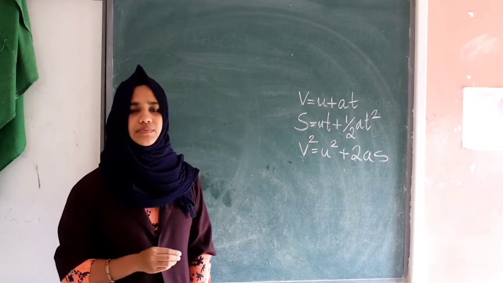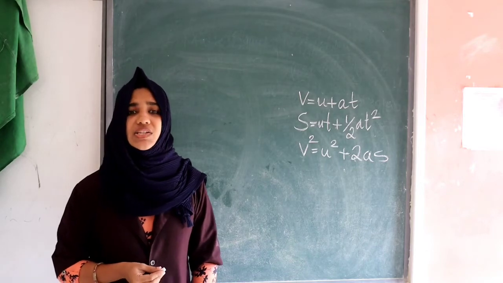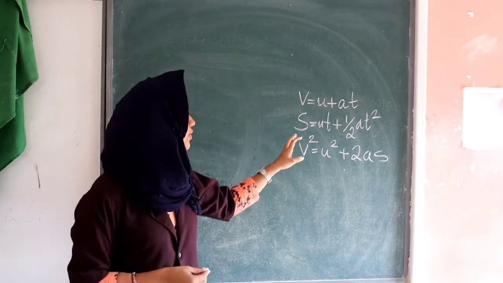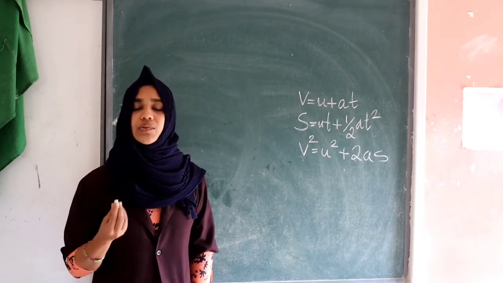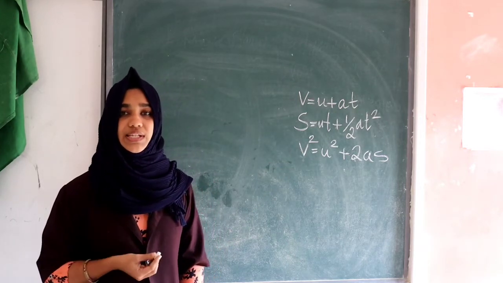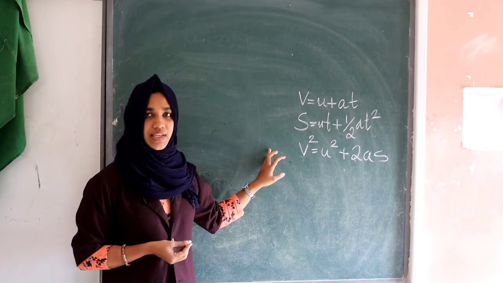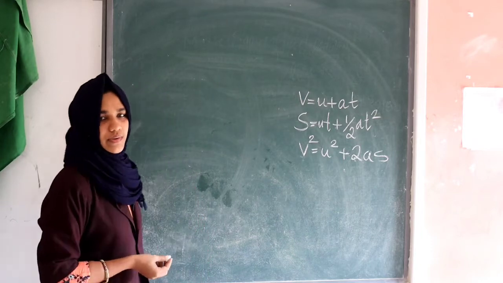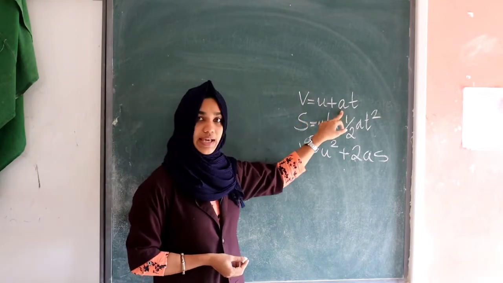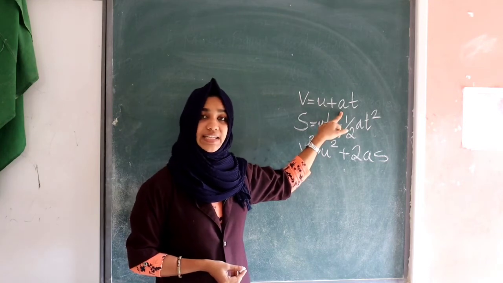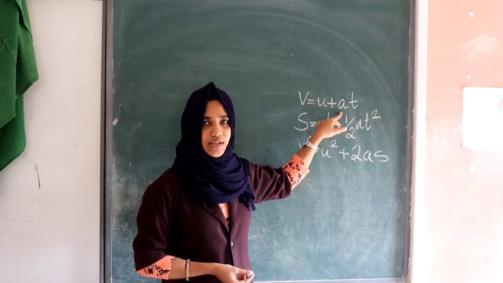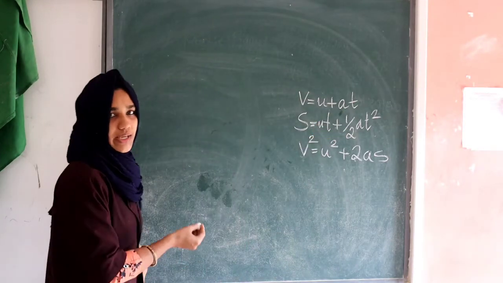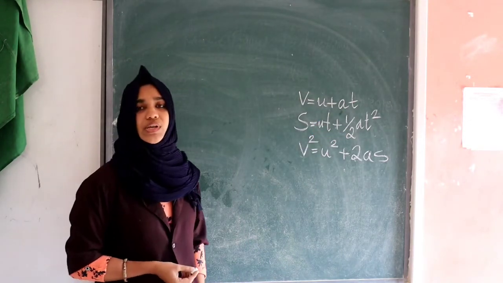Then what is the initial velocity of the object if the object is falling due to gravity? Here the initial velocity is 0. Then we can write this acceleration as acceleration due to gravity, so instead of A we can give G. We know that here U is 0.